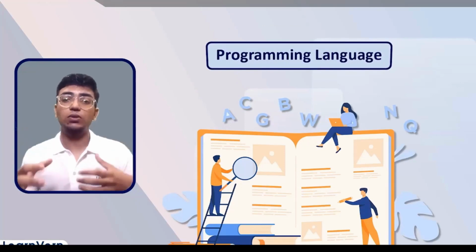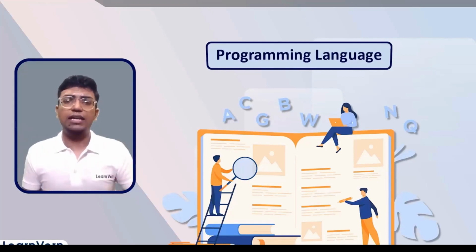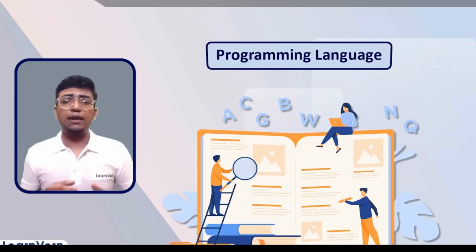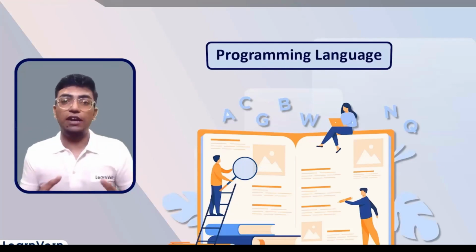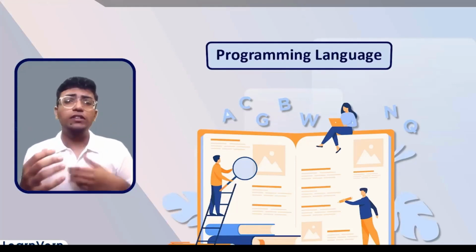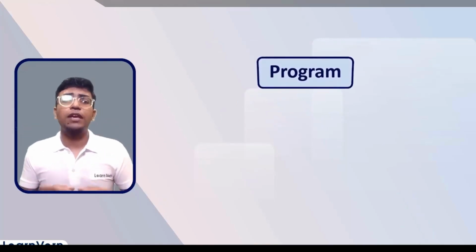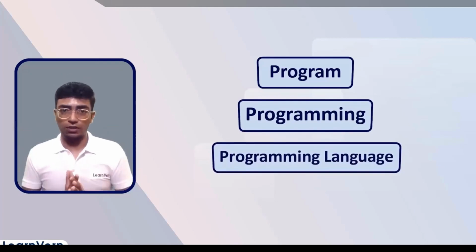These are the syntax, which means the way of writing is set, that you have to write this process only in this way. Only after that the programming language can be completed. With the help of that programming language, we can give instructions to our computer. Now we have understood what is a program, what is programming, and what is the need of programming language.